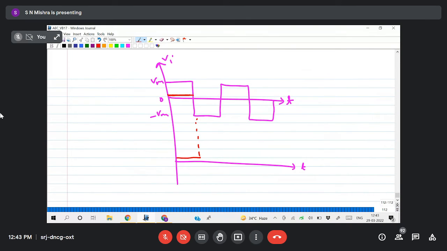So more than 0.7 means I am getting output voltage as 0.7 volt. Now whenever it is less than 0.7, that means in this entire area I am getting Vi in the negative half cycle. So the output will be like this, and again it will continue like this. That means this portion is actually getting cut.